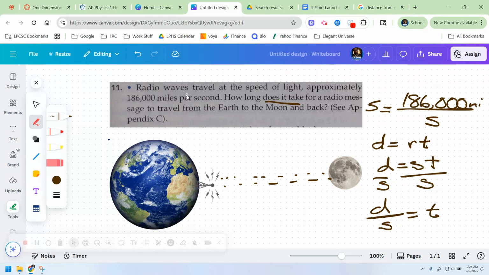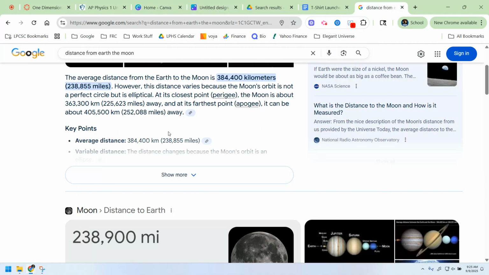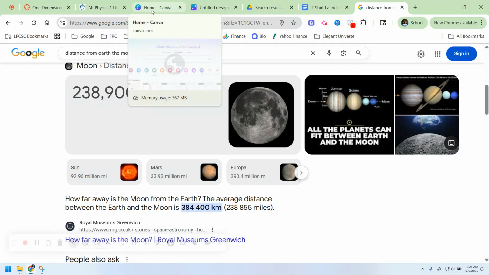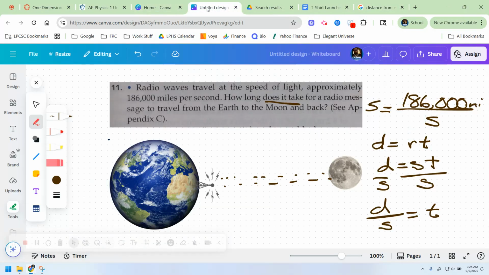So then what we have to do, in miles, is figure out how far away the Earth is from the moon. According to Google, it's about 238,900 miles one way, and when we come back, it's the same distance.